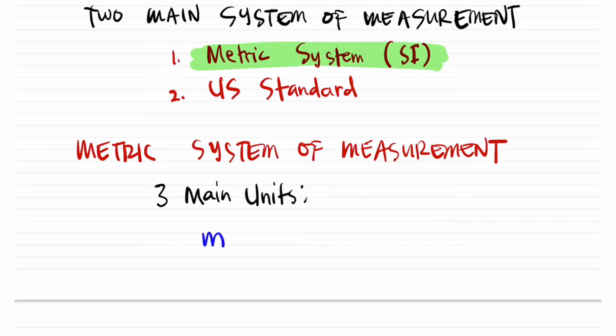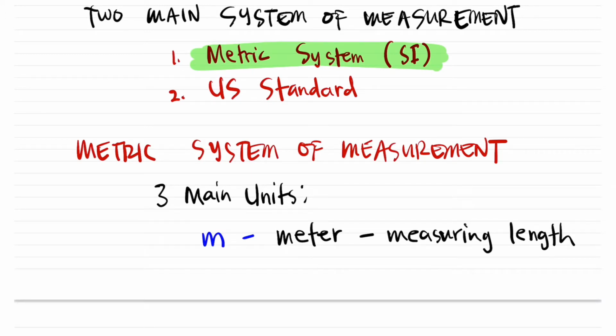M stands for meter, and it is used for measuring length. The next one is kg, or kilogram, used in measuring mass.